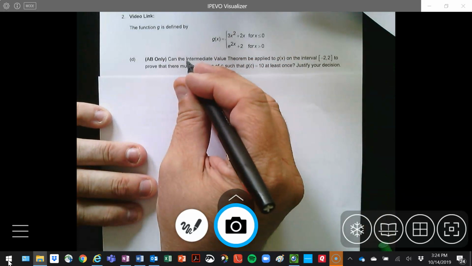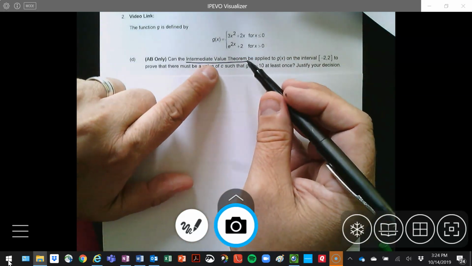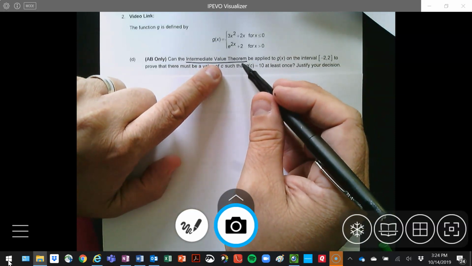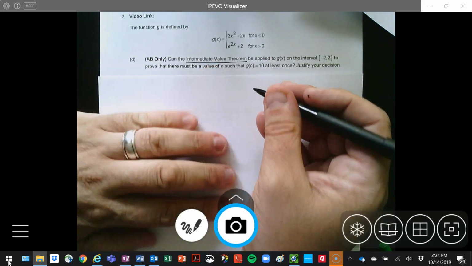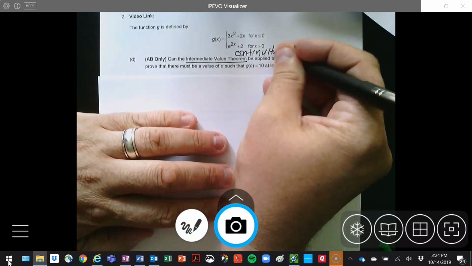Well, intermediate value theorem, that is a theorem you should be familiar with at this point. And the intermediate value theorem, there is a condition that has to be true in order to use the intermediate value theorem, and that condition is the condition of continuity.